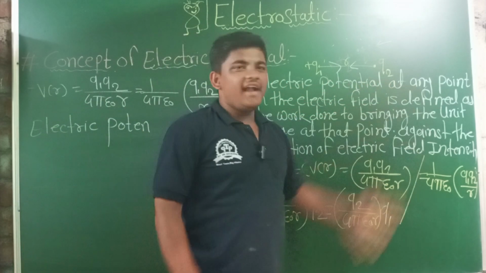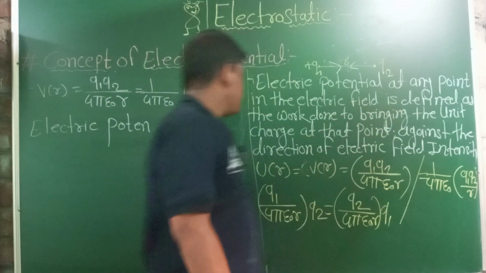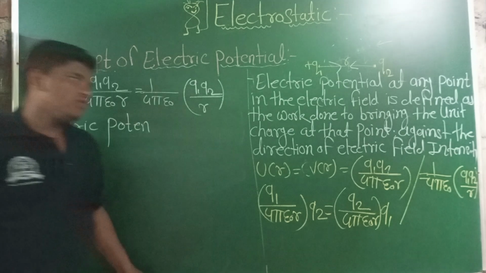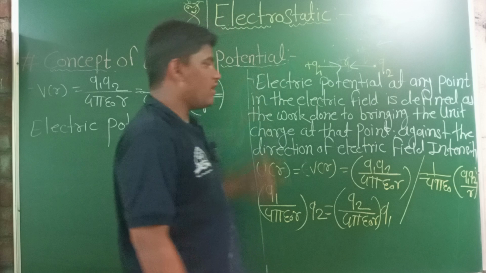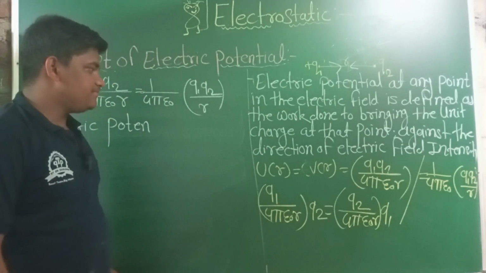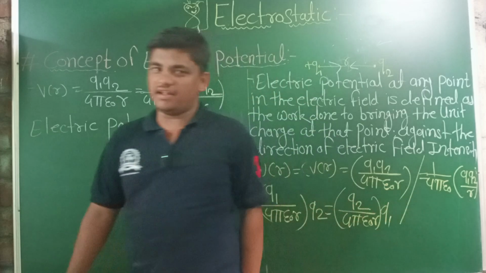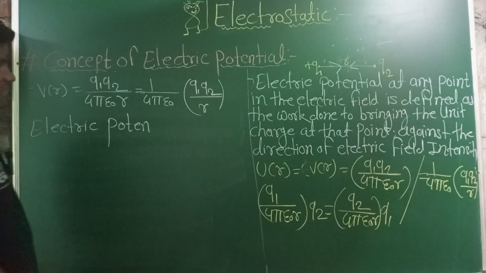Electric potential at any point in the electric field is defined as the work done in bringing a unit charge into that field, or that particular point of the system, against the direction of the electric field intensity.